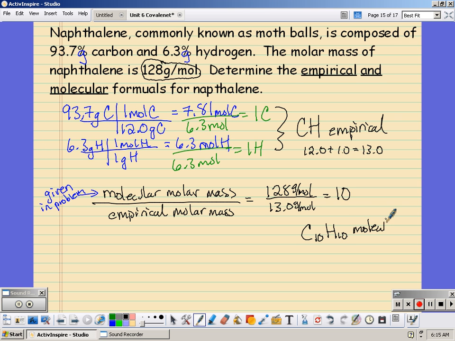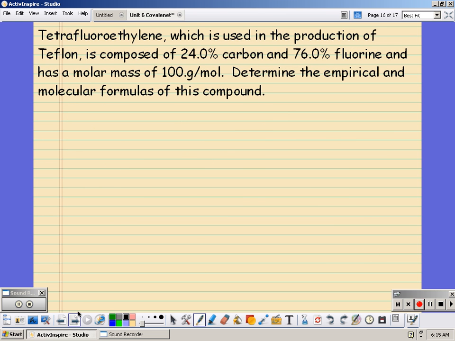Tetrafluoroethylene has carbon and fluorine in it. So the first thing we want to do is find the empirical formula. Change those percents to grams. Take our grams and change it into moles.